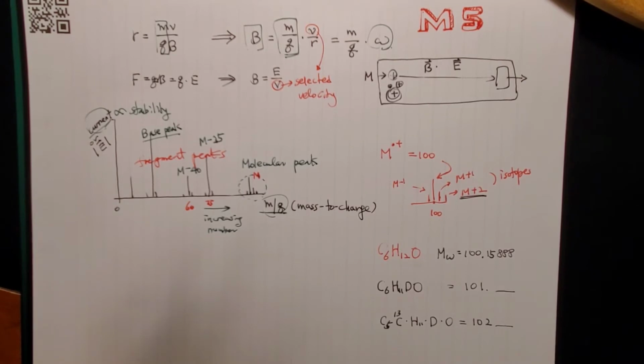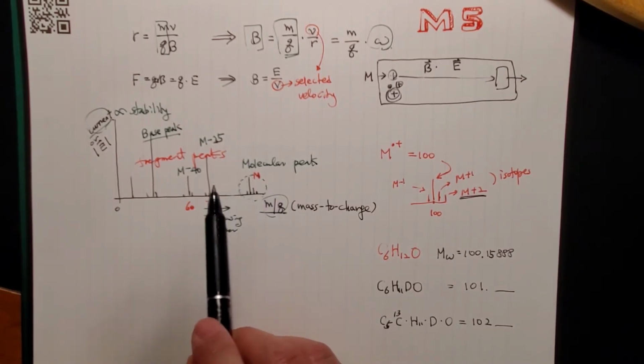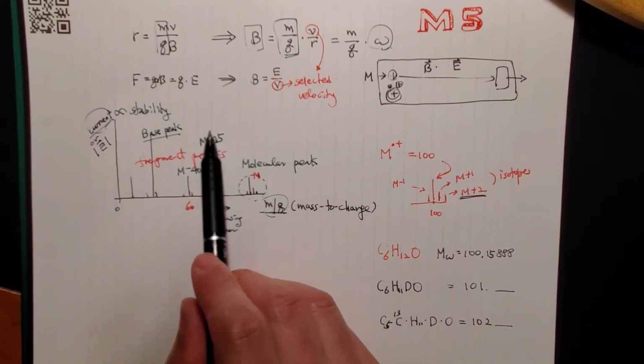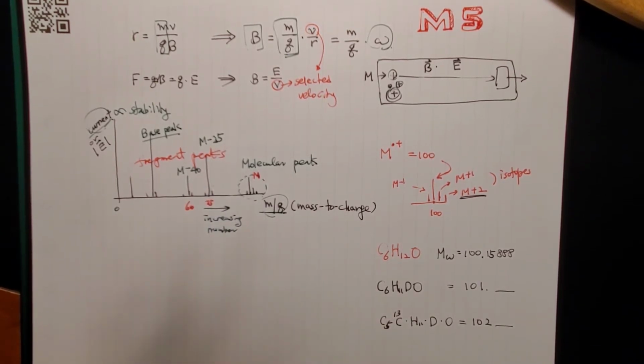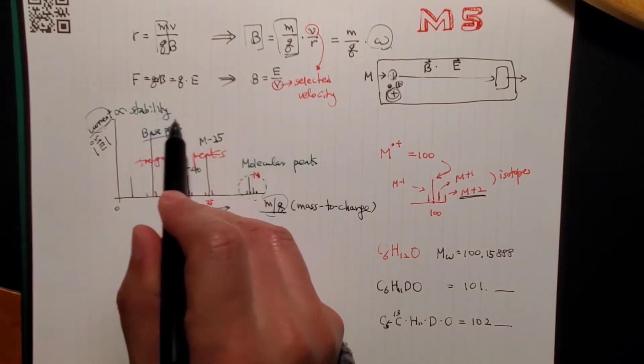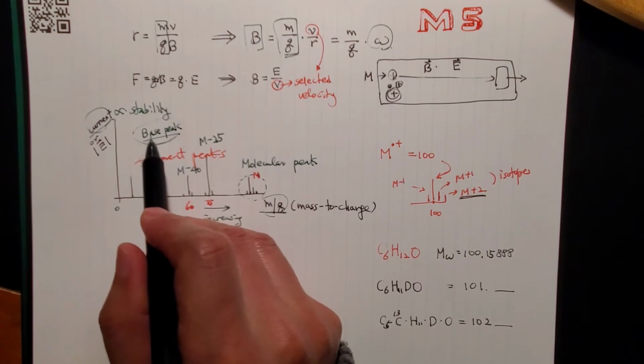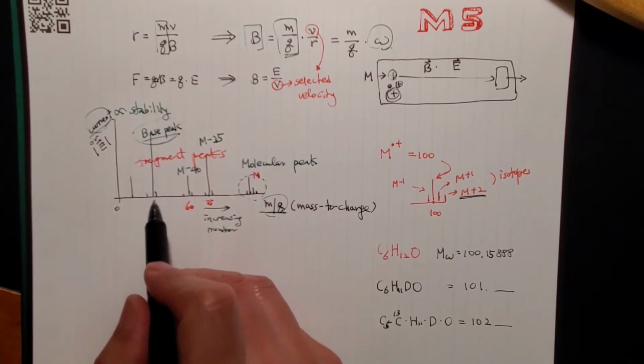Then you look for the loss, the fragmentation, how much you lost. That will give you some idea. That's what I'm going to talk about now. While you are looking at the fragmentation pattern, you need to be able to explain the most stable peak with a certain mass.